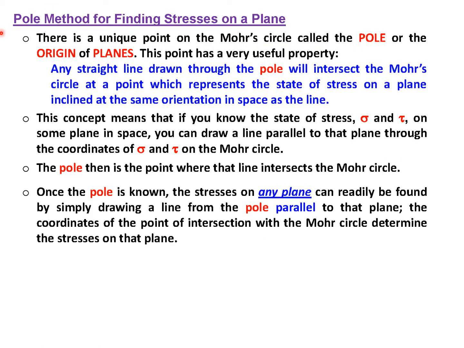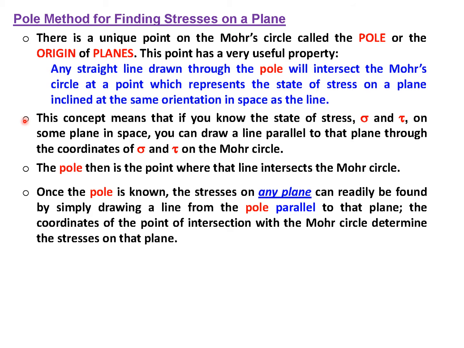Okay, now we are going to discuss the pole method for finding stresses on a plane. So this is very interesting, and I need your attention over here. There is a unique point on the Mohr circle called the pole, or the origin of planes. This point has a very useful property. Any straight line drawn through the pole will intersect the Mohr circle at a point which represents the state of stress on a plane inclined at the same orientation in space as the line.